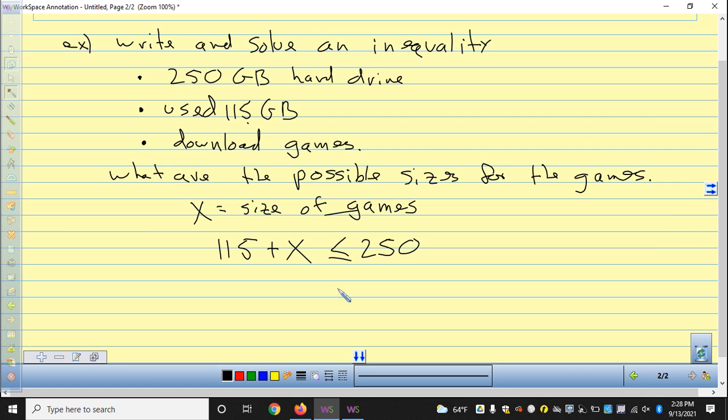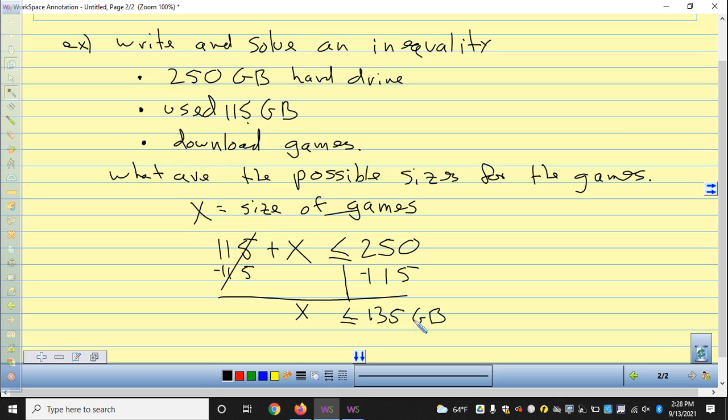And then to solve this inequality, what are we going to do? Subtract 115. Those go away, and I get x is less than or equal to 250 minus 115, which is 135 gigabytes. So this is the fancy math way that we would write the process that we did mentally in our heads.